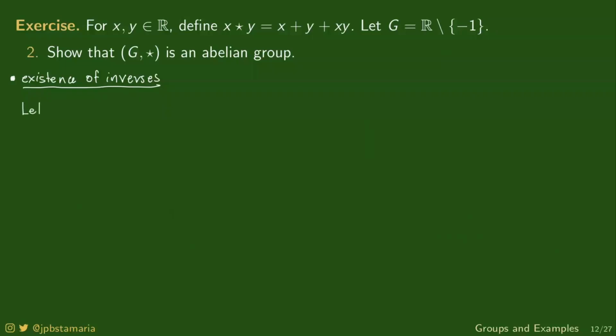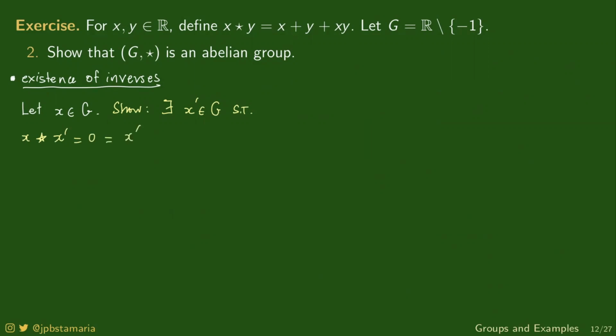Here, we take an arbitrary element of the group, let's say x. Now, in our mind, what do we need to show? We need to show that there exists an element x prime in G, so that ang property ng x prime na yan is that yung x star x prime will be the identity 0.